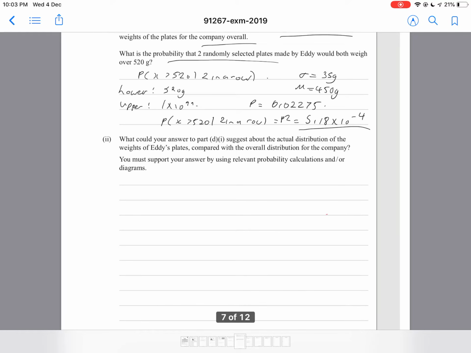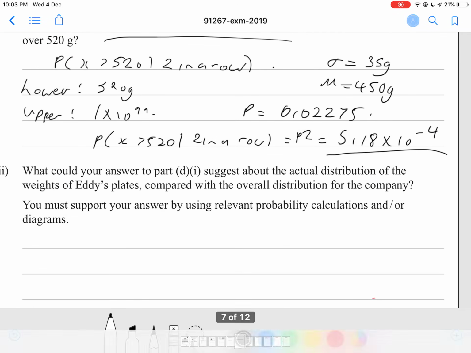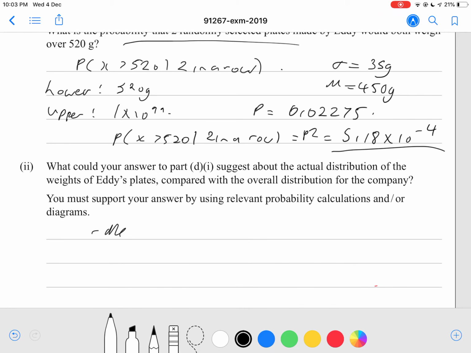If he has a much higher spread of data, he actually has a higher chance to pick up a higher weighted plate. So one of those possibilities. For example, you could say that the mean is higher, or the SD is higher. I'm just going to use SD, sorry.